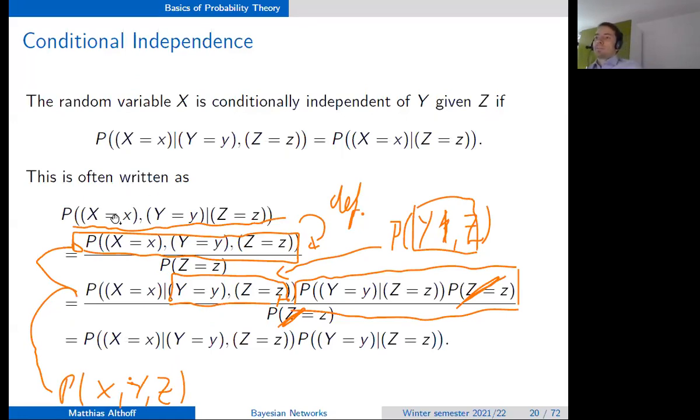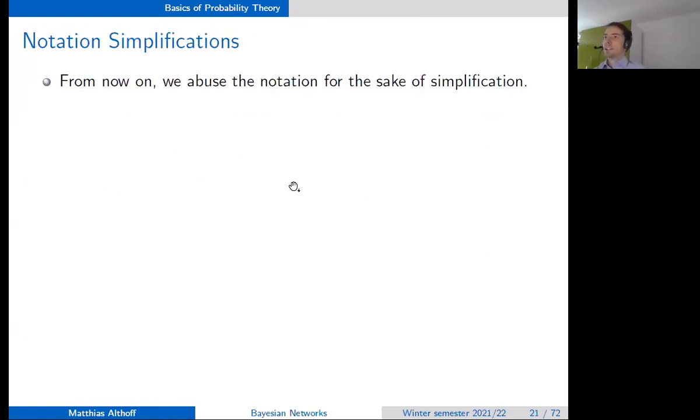So if this probability equals this probability, you also know that you have conditional independence. But as with the formula for Bayes rule, the first formula here is much easier to understand. It's just here so that if you see it in another form, you're not shocked.